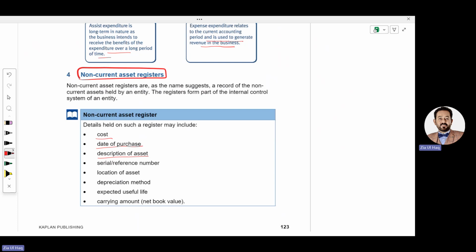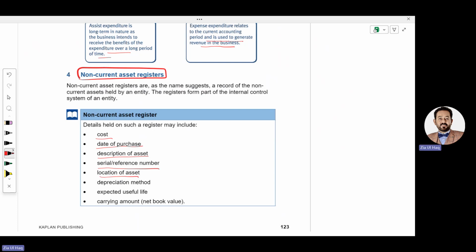Either it is plant and machinery, or a building for the production site or the building for the sale location. A serial reference number should be there. If you have 10 different vehicles, their numbers should be mentioned.